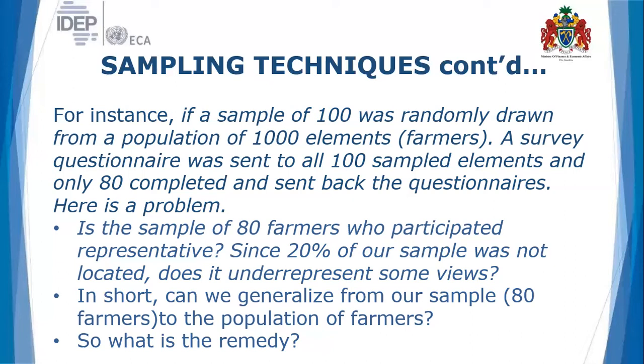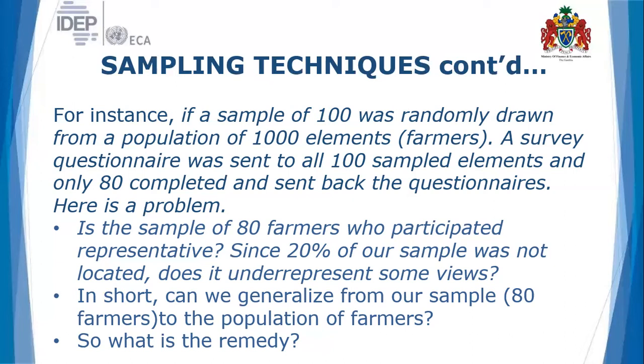So what is the remedy? This is a very common practical challenge, and different solutions are provided. One way is to say, well, let's just find a new set of 20 farmers and represent those who were not located.